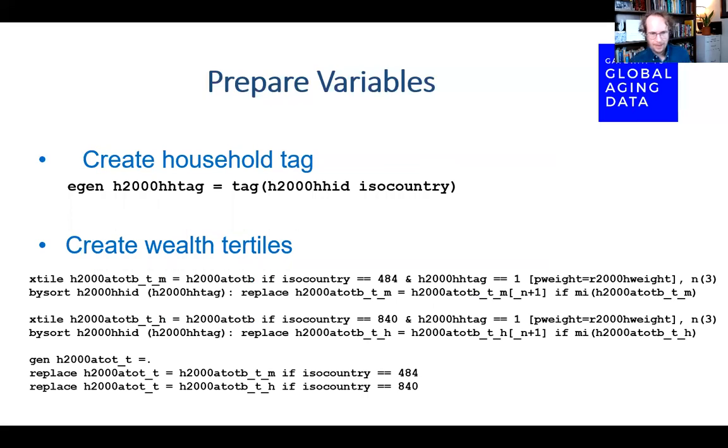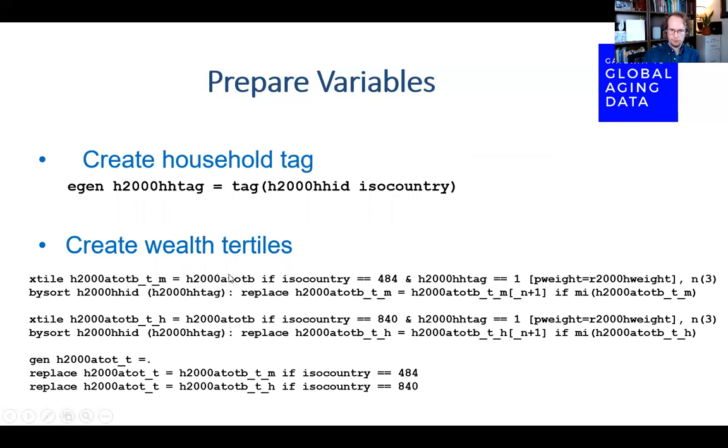So we do that using an xtile command in Stata. We're going to create a variable called atotb underscore t, in this case for our tertiles. And that's going to be based on our total household wealth variable in 2000.